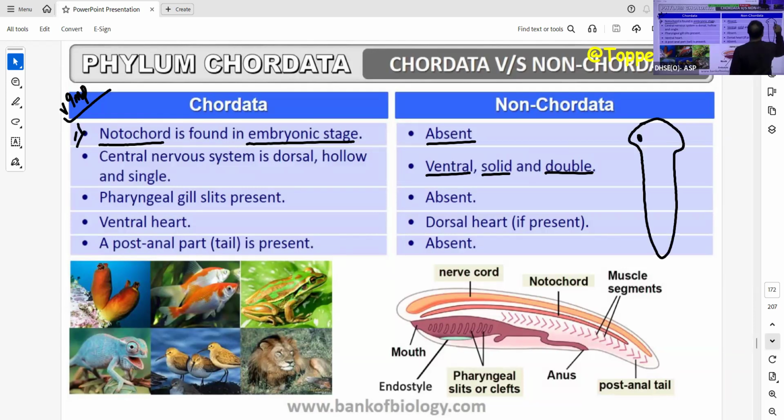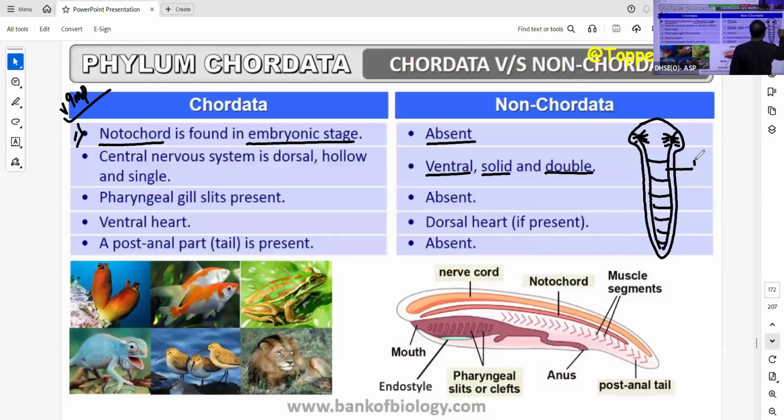In these two regions nerve ganglia are there, and dorsally empty. Longitudinal nerve cords are on both sides, and neural branches are connected like this.